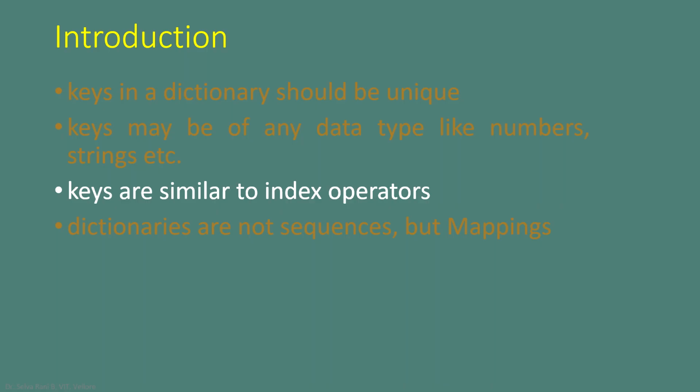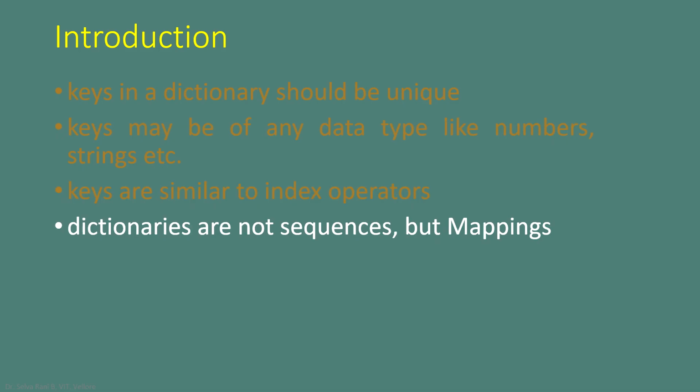In strings, lists, tuples, we used to access the elements with the help of their positions or index. Here, we don't have index in dictionary, but the keys are helping us to retrieve the elements from the dictionary. And hence, dictionaries are not sequences, but mappings. They are called as mappings.